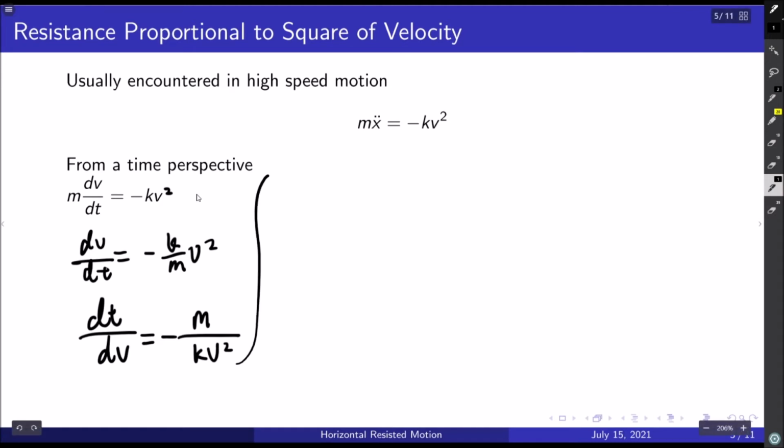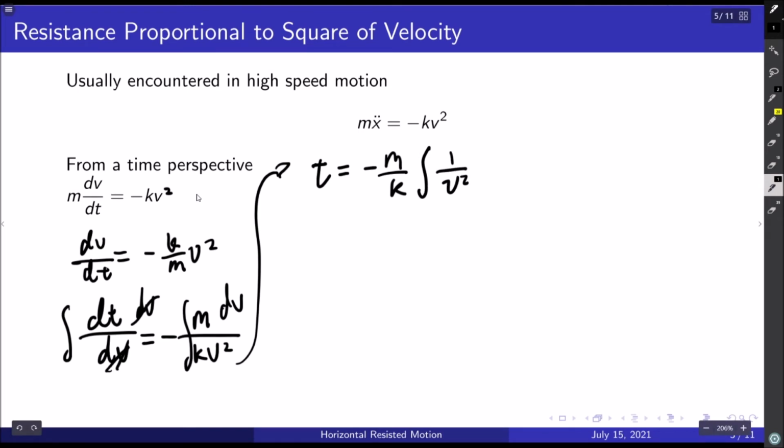And we have to integrate both sides with respect to dv. Okay, they cancel out. So we end up with t equals negative m over k integral of 1 over v squared dv.